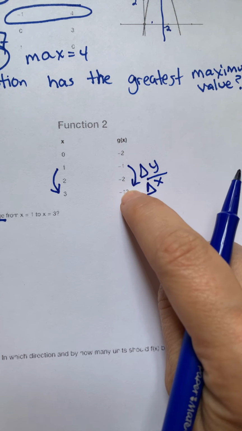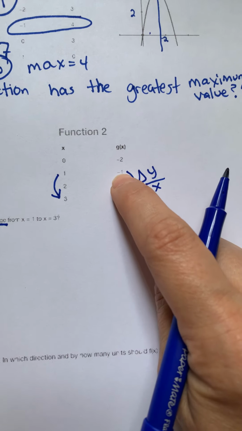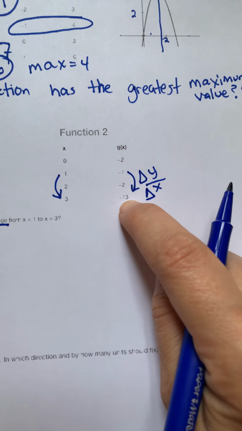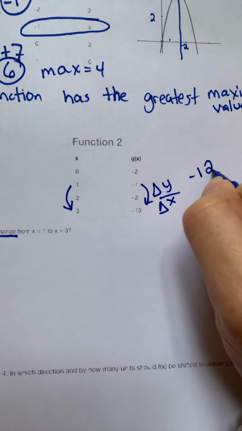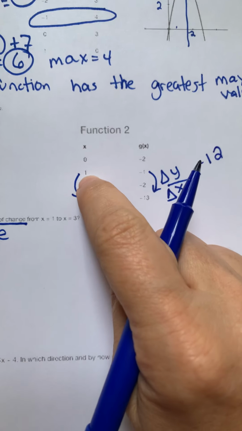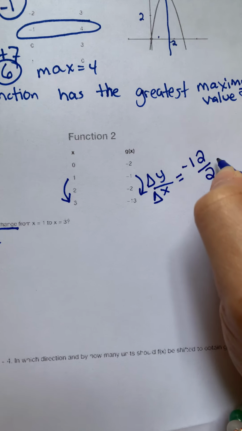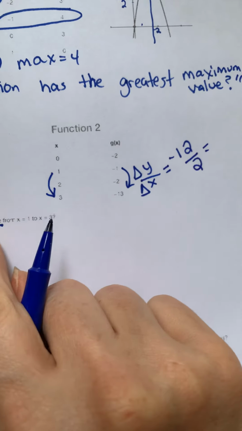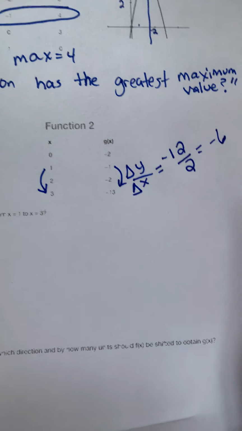So y went down 12. It was at -1. And it went all the way down to -13. So y went down 12. X went up 2. So my rate of change for function 2 is -6.